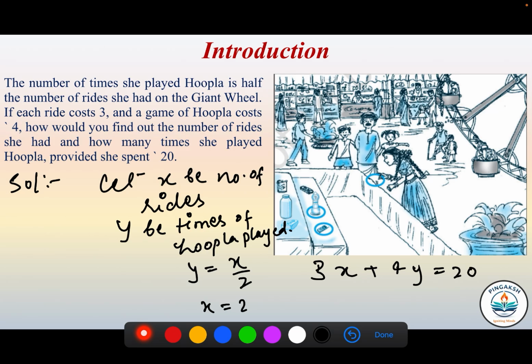So x is equal to 2y is my first equation and this is my second equation.